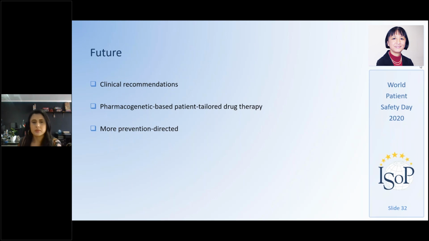There has been, for example, a study of the occurrence of a serious skin reaction associated with carbamazepine, by a group of researchers in a Chinese population. They compared before and after the patients were tested.